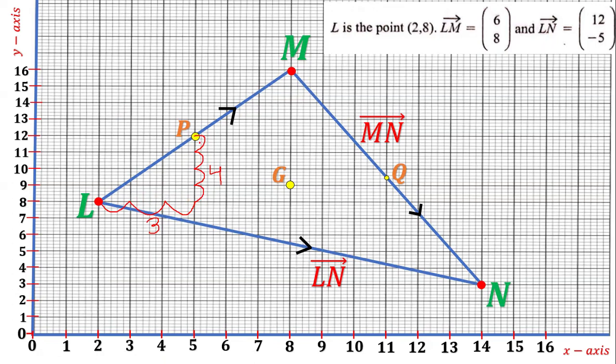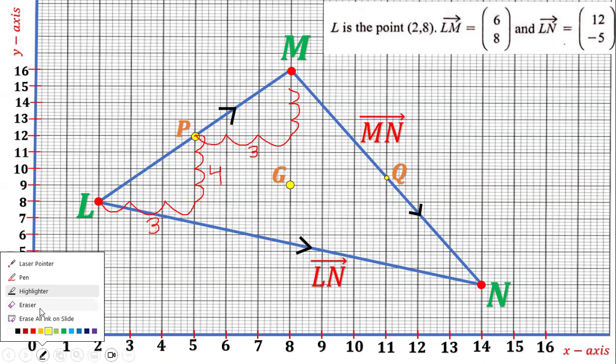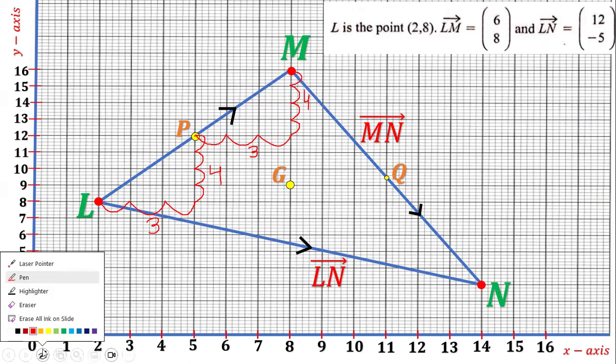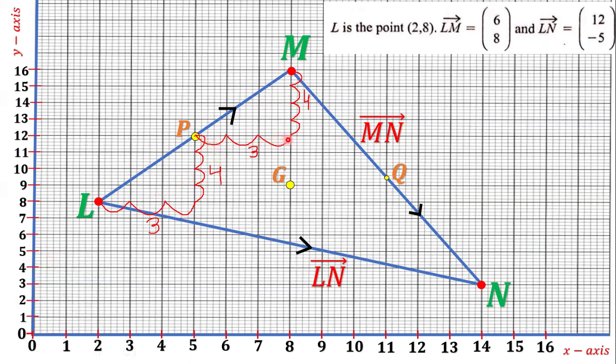If not, then we know it's not the midpoint. I'm sorry, let me do it again. Let me use the pen. So this is going to be 1, 2, 3, and 4. So again, we move 3 times in the X direction, and 4 times upward.